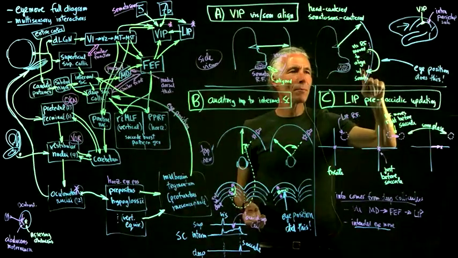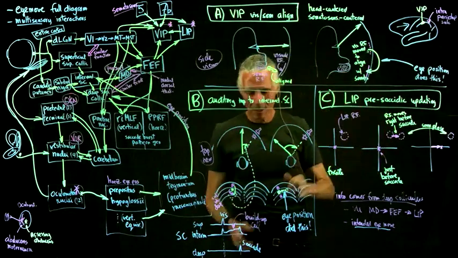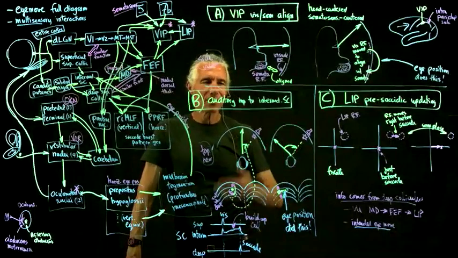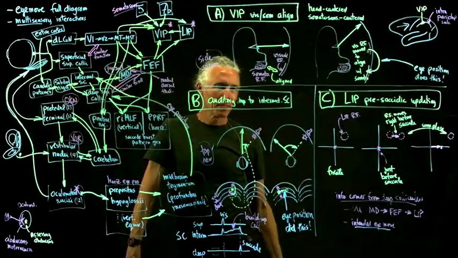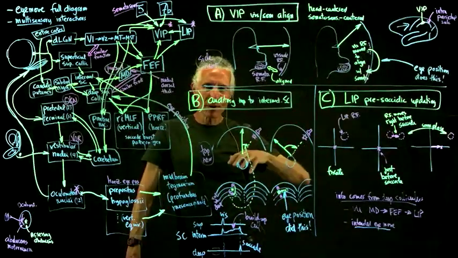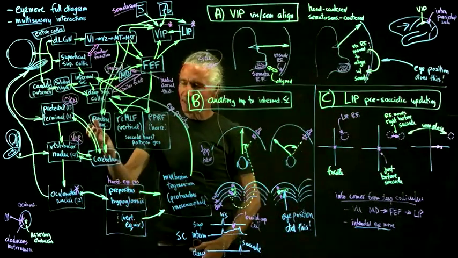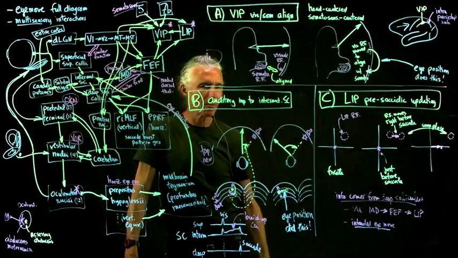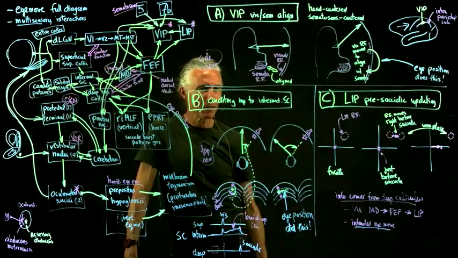So now it's in a more peripheral part of the retina. The original idea of the receptive field was, what part of the retina is this cell hooked up to? But as you go up in the system, you can see that other things like the prepositus hypoglossi can move the receptive fields around relative to the retina if you need to.